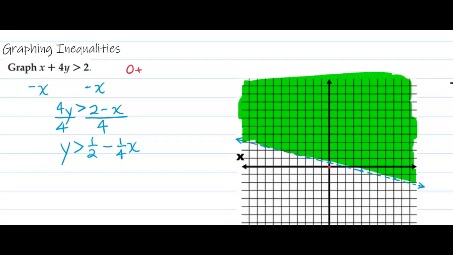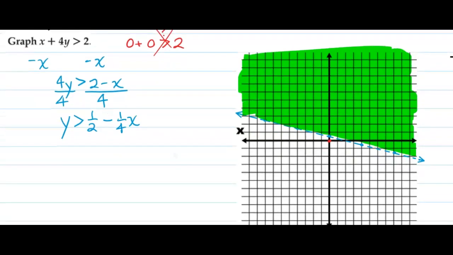Is 0 plus 4 times 0 greater than 2? No. That means we do not shade that point. If it was true, we would have shaded this side that has the red dot. If your line goes through the origin, you can pick any point. 0 is just a very friendly point to pick because it's easy to compute with.